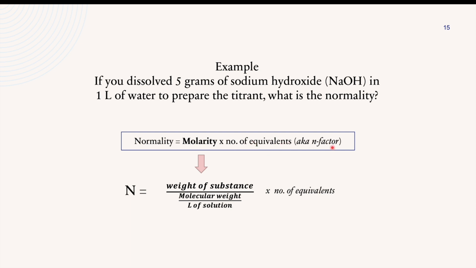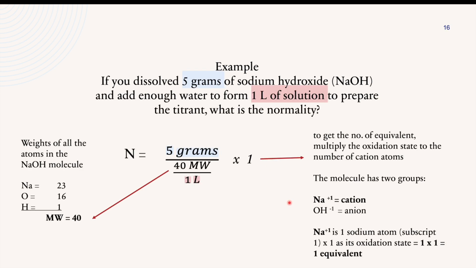Now your molarity, if you remember, you can solve this by getting the weight of the substance, that's your 5 grams, divided by its molecular weight, so you need to know the molecular weight of this guy, divided by the volume in liters. Never forget liters. If it's given in ml, you still need to convert to liters and then multiply by the number of equivalents. So now we take that case and try to assign the numbers.